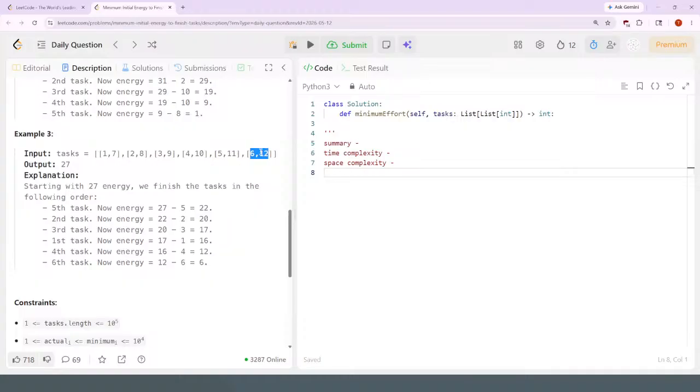So taking 6 away, that's 21. And then you do this one. Taking 5 away, that's 16. Then you do this one, you take 4 away, that's 12. And then you do this one, take 3 away, that's 9. Then you do this one, take 2 away, that's 7.